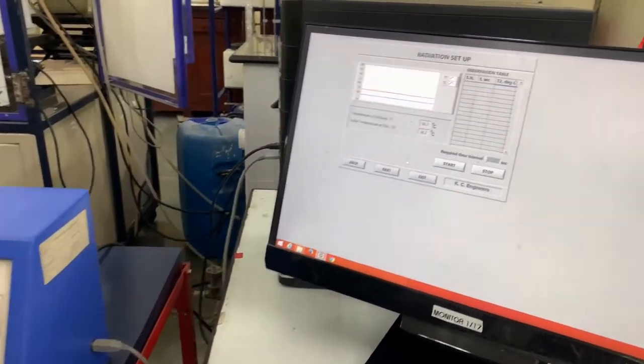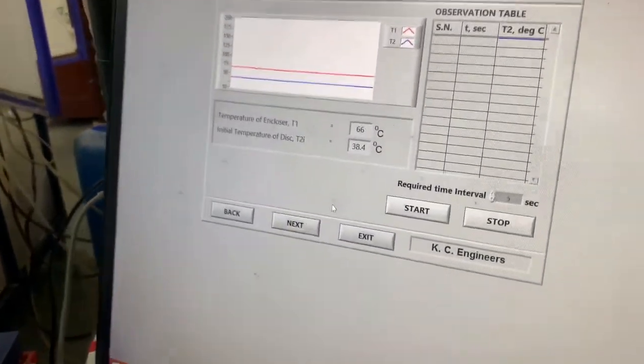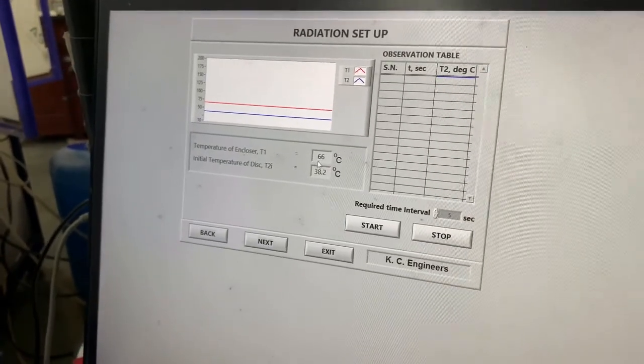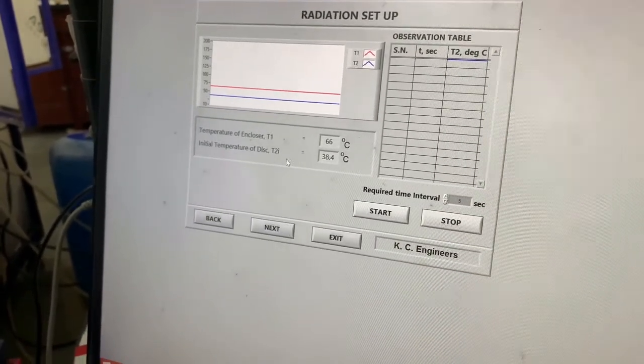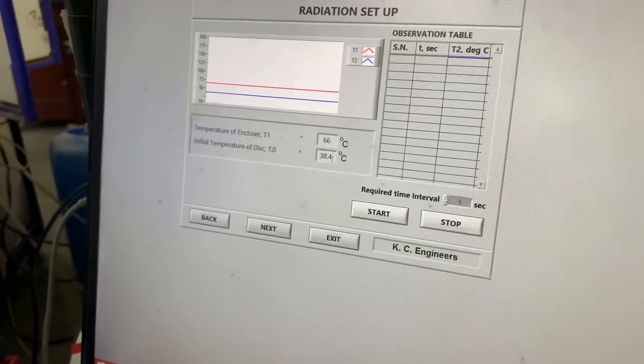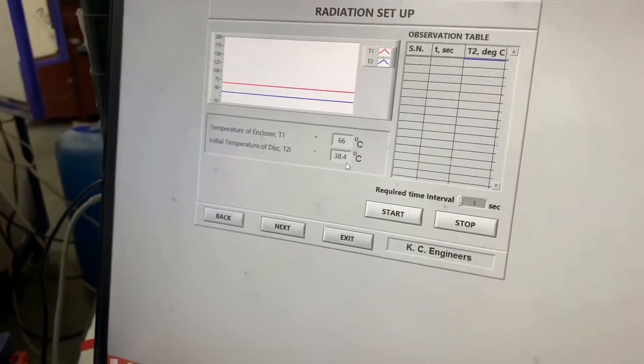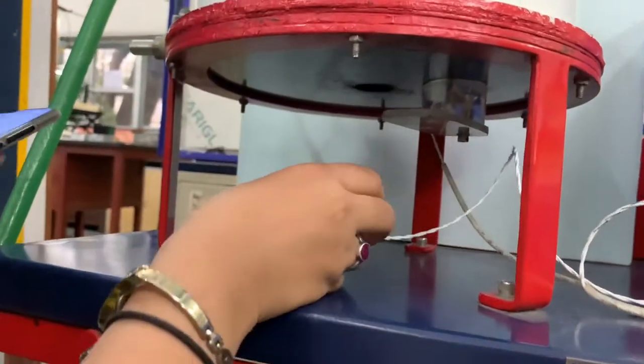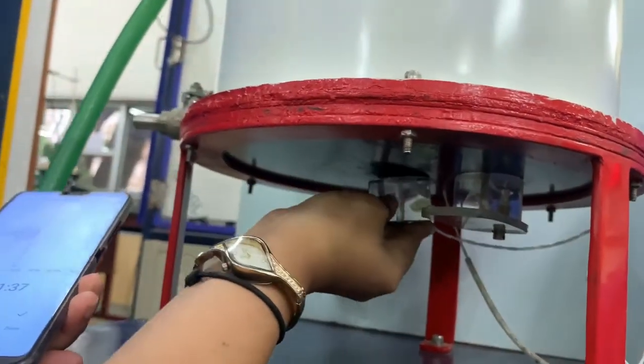Now let's start with the experiment. Here you can see the temperature of the enclosure has reached 66 degrees Celsius, so now put our black body here.